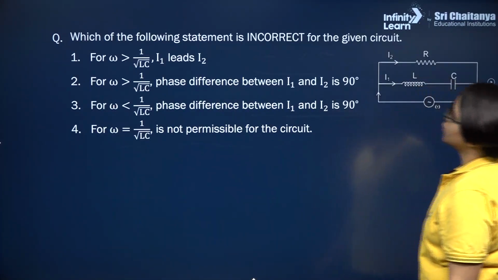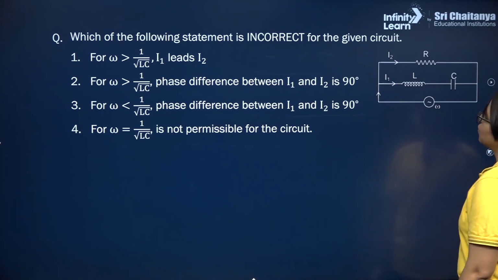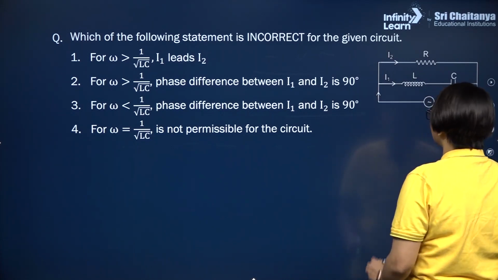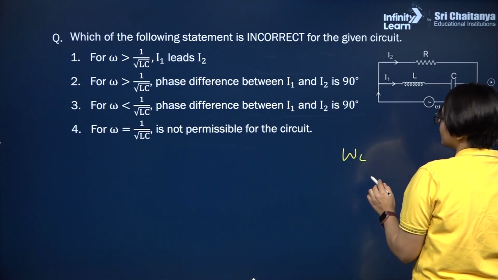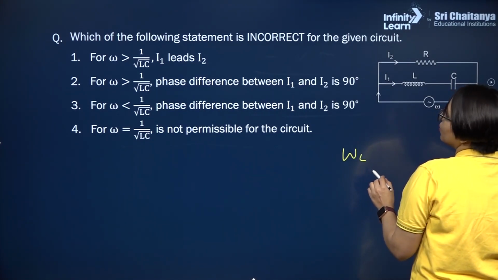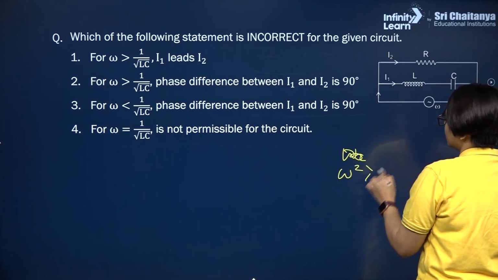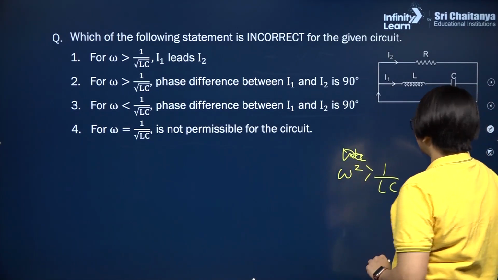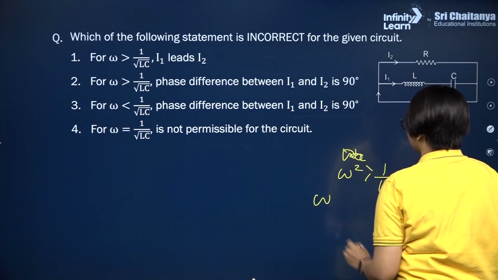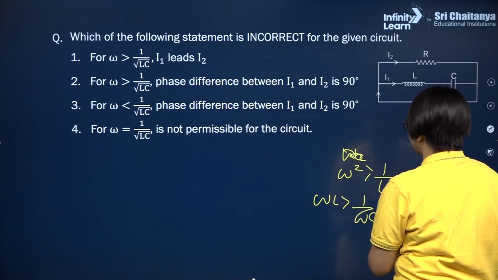Next is, which of the following statements is incorrect for the given circuit? If omega is greater than 1 upon under root LC, I1 leads I2. If omega is greater than 1 upon root LC, so omega square will be greater than 1 upon LC, so omega L is greater than 1 upon omega C, right.